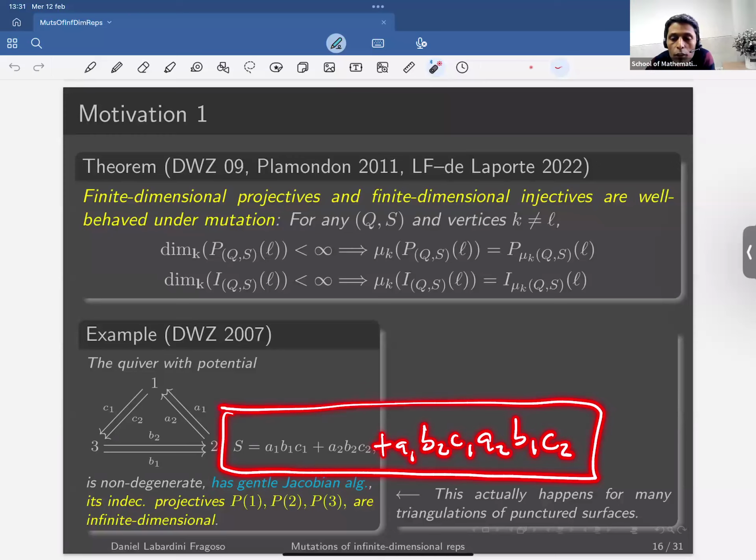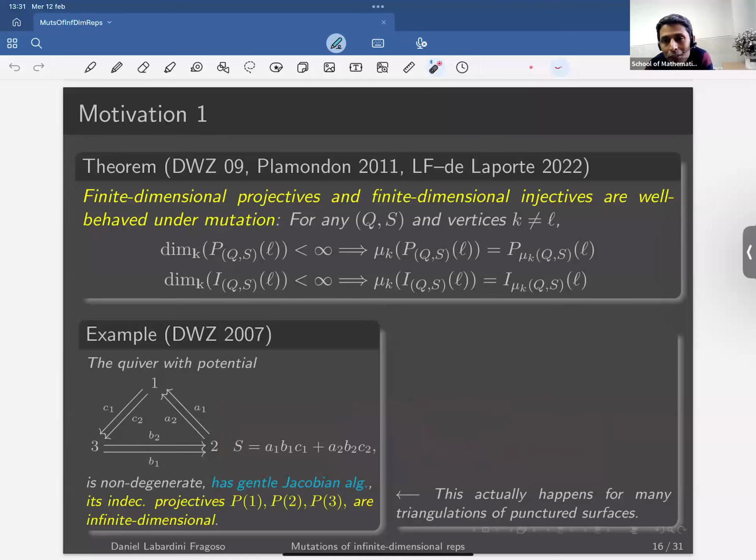Yes, we also have some examples which do not generate the whole cluster algebra.